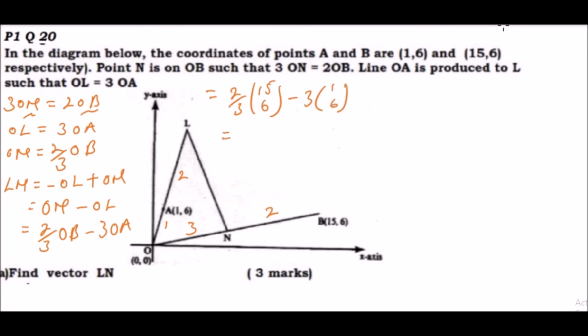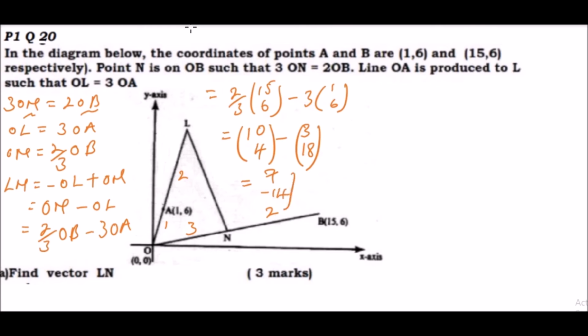So when you open the bracket, 2 over 3 times 15 gives us 10, 2 over 3 times 6 gives us 4, and we minus 3 times (1, 6), which gives 3 and 18. So 10 minus 3 is 7, and 4 minus 18 is minus 14.